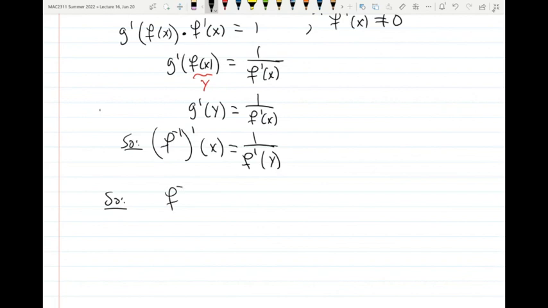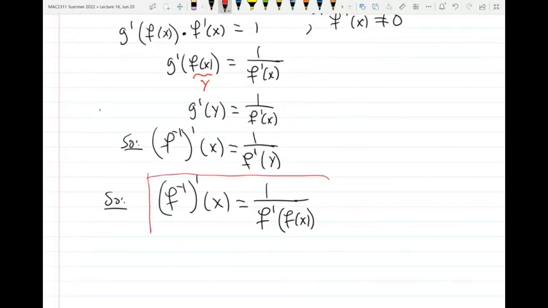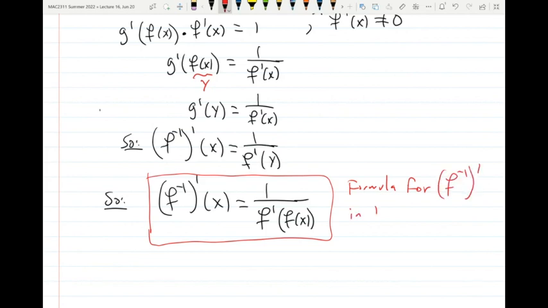If you want to find the derivative of the inverse at some value, this is 1 over the derivative of f evaluated at f of x. Okay, so this is the formula for f inverse prime in terms of f prime.